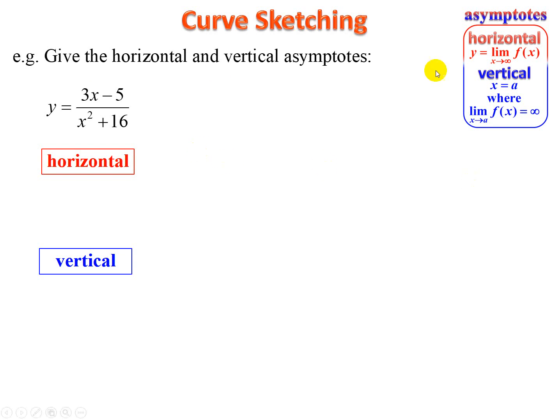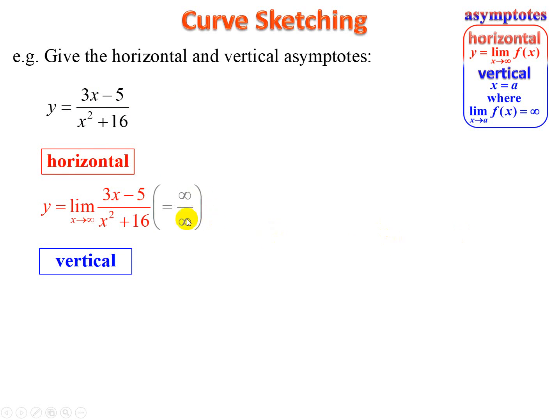I hope you paused. Y equals, right, I'm finding horizontal, so I'm going to find the limit of f of x as x tends to infinity. We want to see how far left and right we go where we hit the asymptote. So therefore, I'm going to find the limit of that as x tends to infinity. There we are.